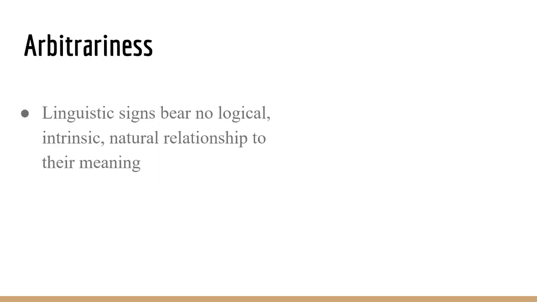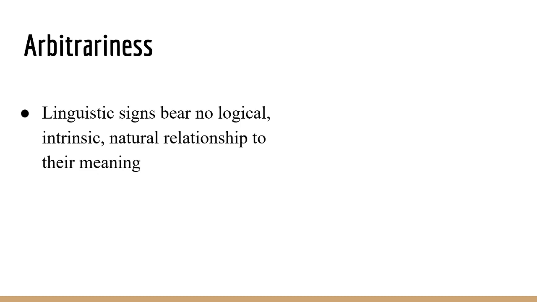The second property of language is arbitrariness. Arbitrariness means linguistic signs bear no logical, intrinsic, natural relationship to their meaning. That is, there is no natural connection between a linguistic form and its meaning.